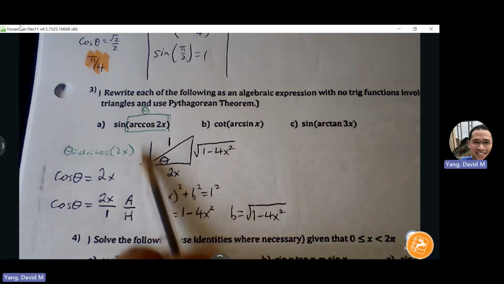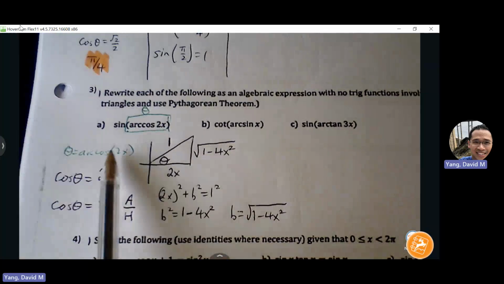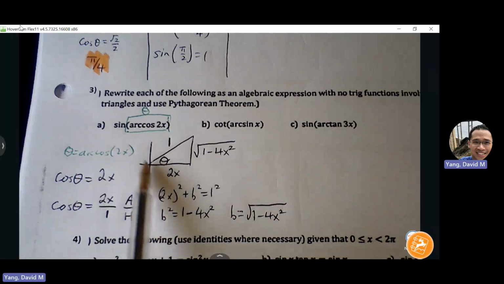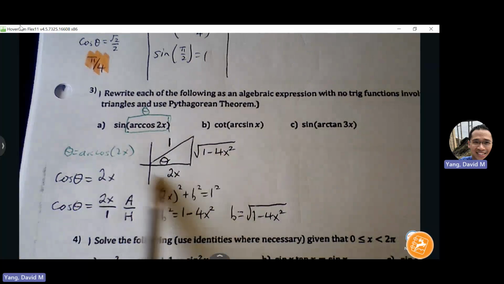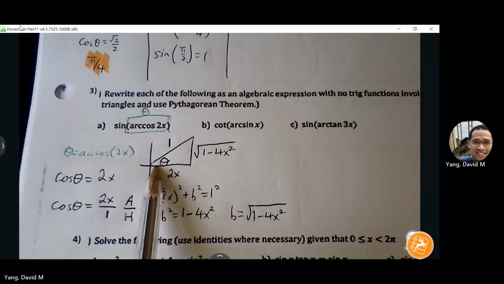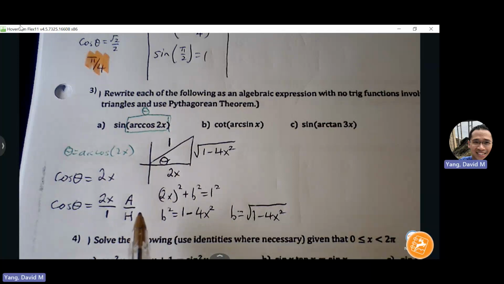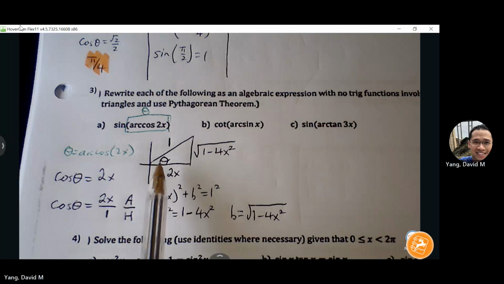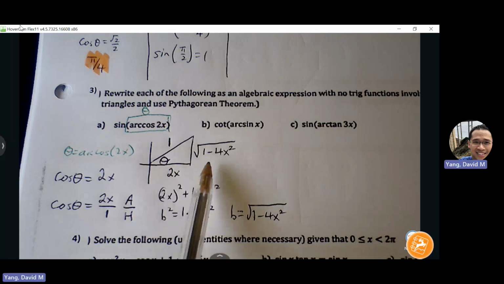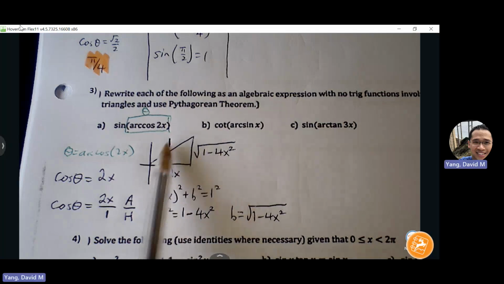So now that we have everything in front of us, we just have to look at the triangle and say, okay, what is sine of theta? What is sine of this triangle? SOHCAHTOA, so sine is what? Opposite over hypotenuse, over 1, right?